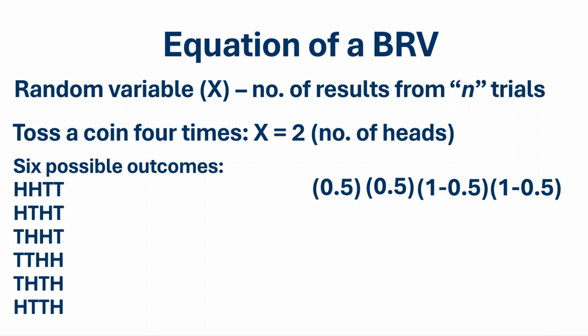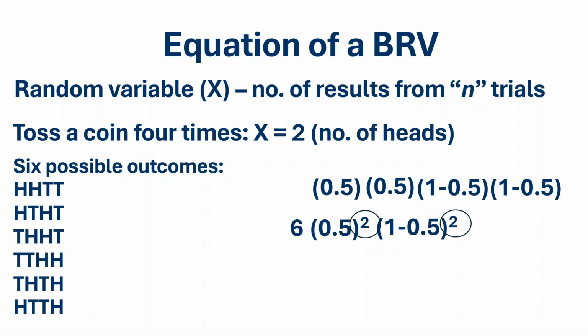So this is the same as writing 0.5 squared times (1 minus 0.5) to the power 2. The first exponent 2 represents the number of heads, and the second exponent 2 represents the number of tails. We then need to multiply this result by the number 6, since there are 6 combinations.